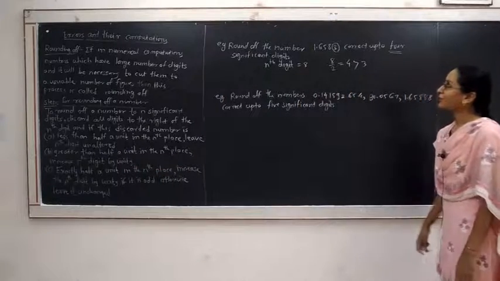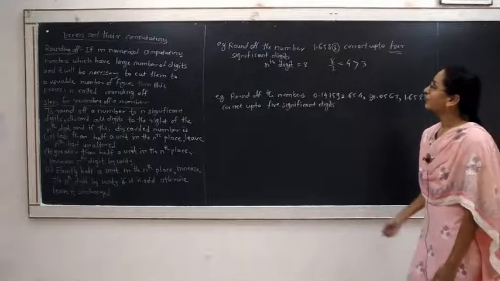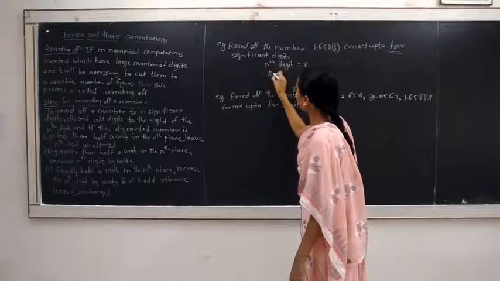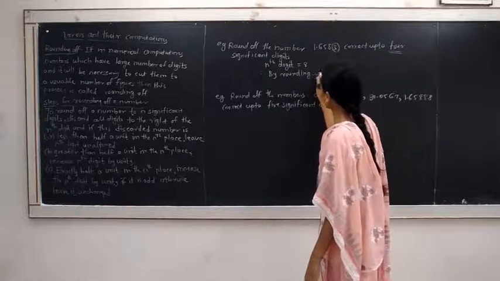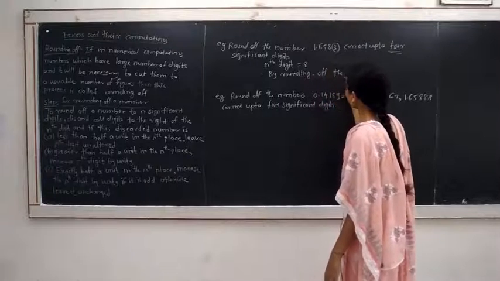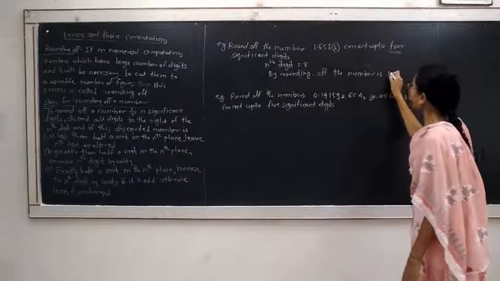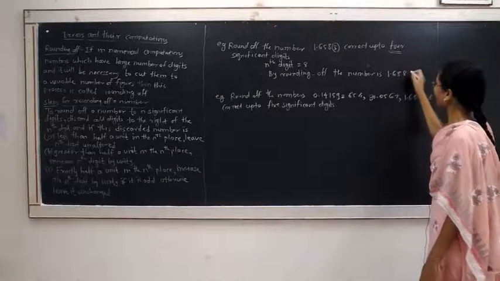Therefore, after rounding off this number up to 4 significant digits, the number is 1.65838.